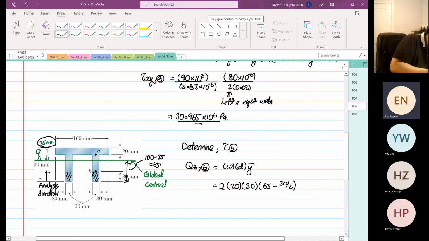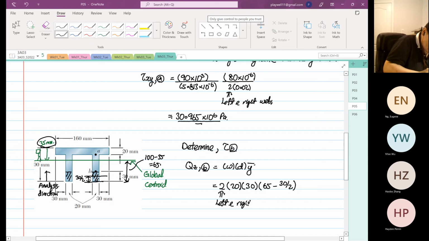Why 30 divided by 2? That's the individual centroid, so the distance from here to here is 30 divided by 2. And the 2 over here is because of left and right webs.